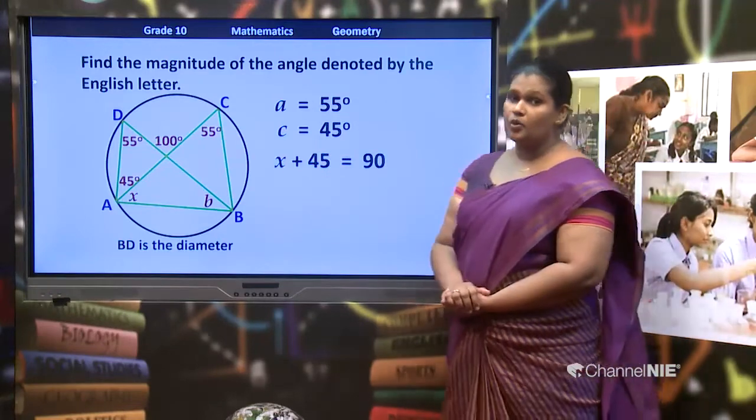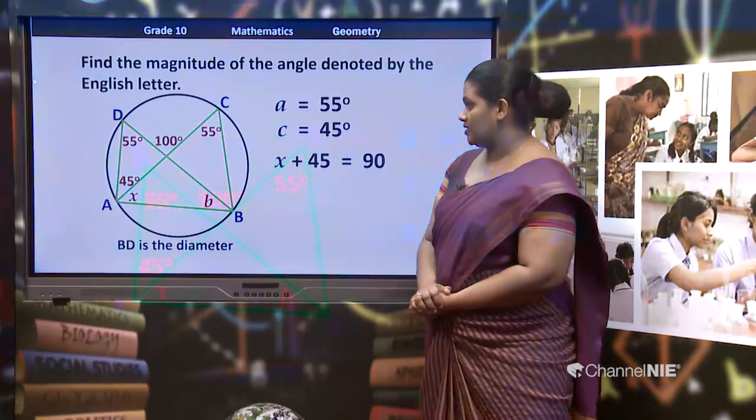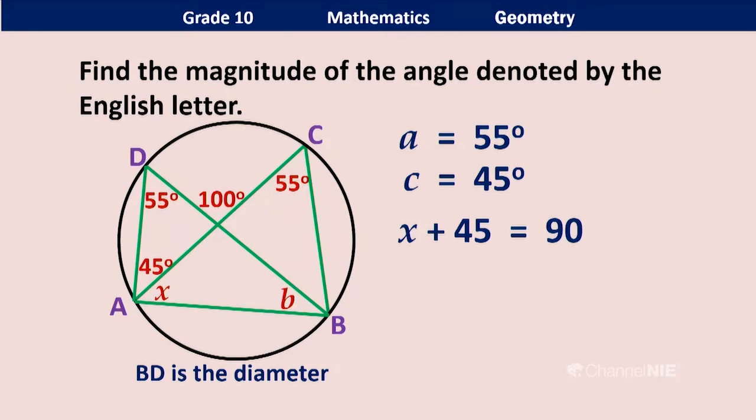This time, I am going to find the value of X. Now, when we consider the angle DAB, what can you say about the angle? In the question, they have mentioned that BD is a diameter. Therefore, angle DAB is an angle in a semicircle.